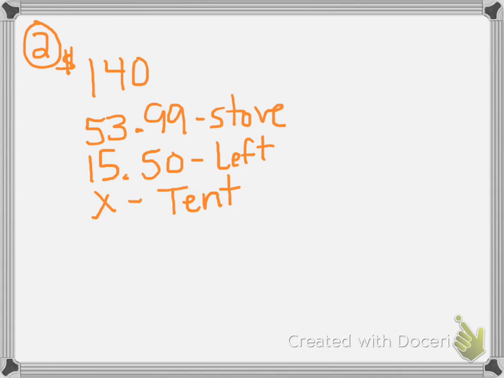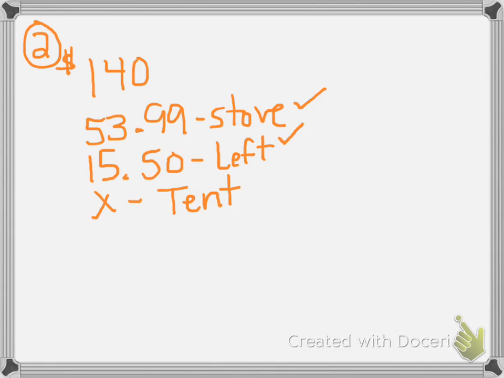Okay, so this requires more than one step. The first thing we want to do is figure out how much of the $140 we can account for. Well, we know that they spent $53.99 on the stove, and we know that $15.50 is left over. So how can we figure out how much of the $140 we know of?